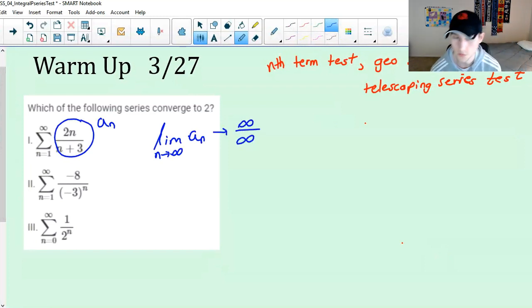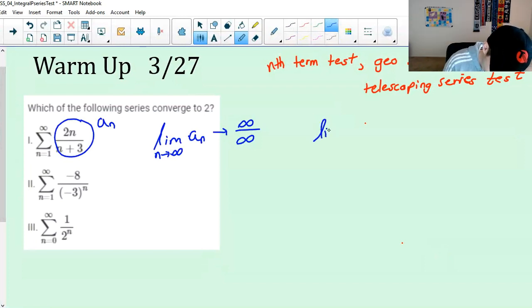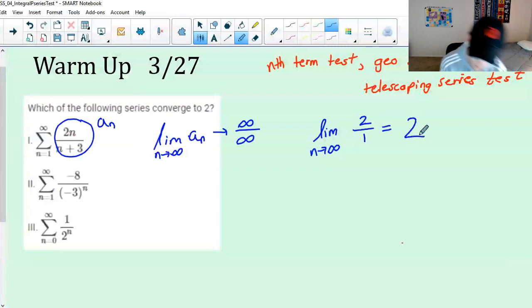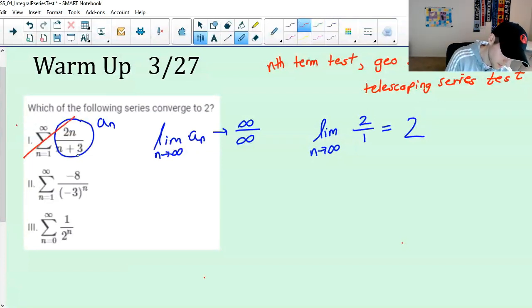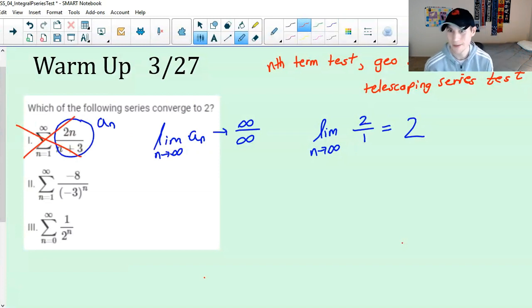That would be infinity over infinity, an indeterminate form. So I'm going to take the derivative. Two over 1. So 2. Now, that should tell me then that number 1 is not my answer.